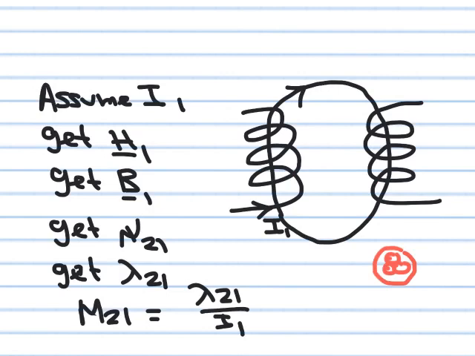So it creates a flux, and we call this flux psi21. This is the flux in the second coil due to the current and the magnetic field of the first coil.